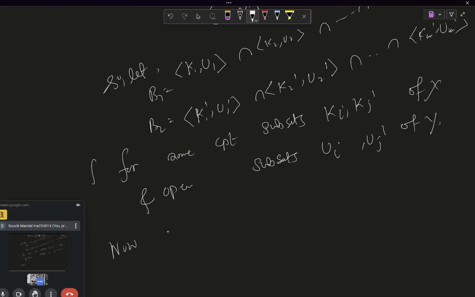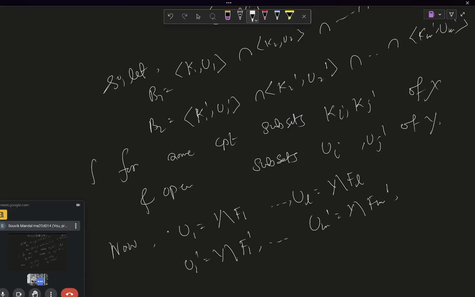Now U1 is equal to Y minus F1, ..., Ul is equal to Y minus Fl, U1' is equal to Y minus F1', ..., Um' is equal to Y minus Fm', for some finite subsets F1, F2, ..., Fl, F1', ..., Fm'.